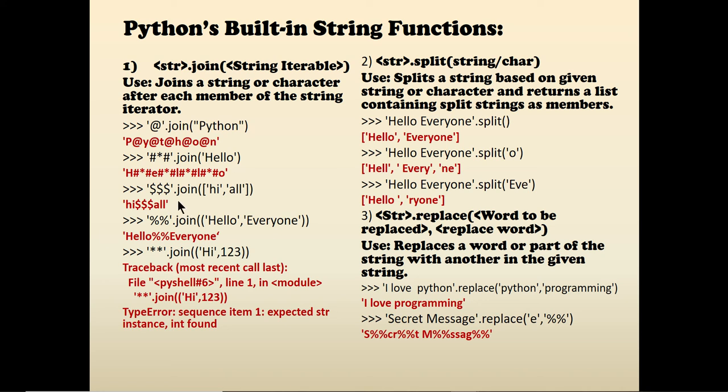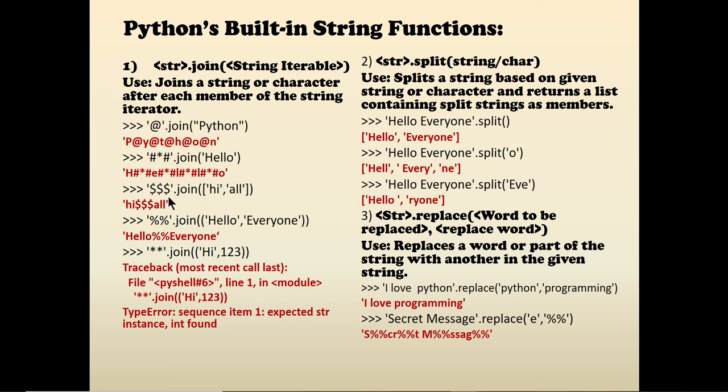Look at this. Here is an example to help you understand that. The argument is not only a string, you can also pass a list or tuple to it. But the only condition is that when you pass a list or a tuple, all the members of the list or tuple must be strings. Do you understand?